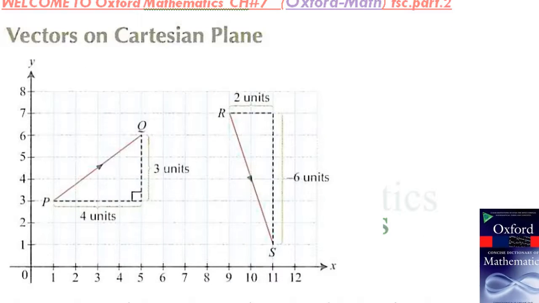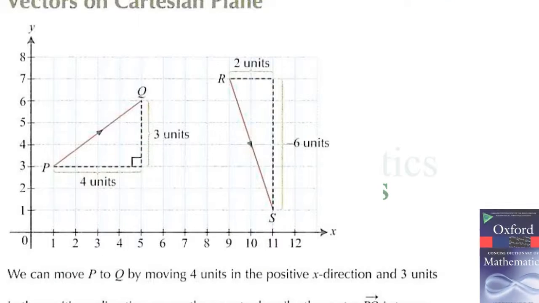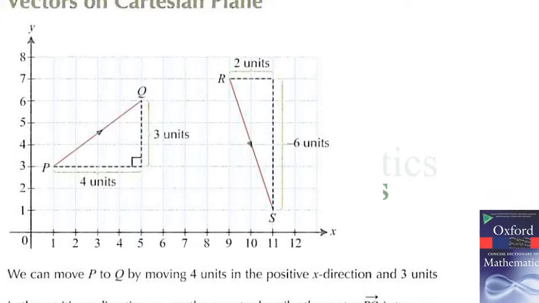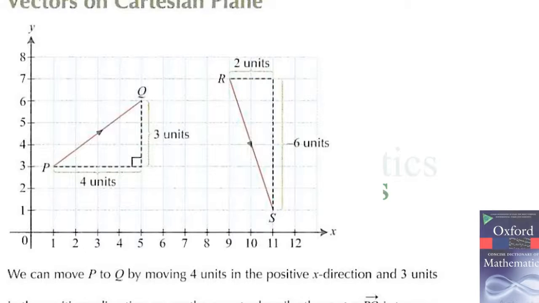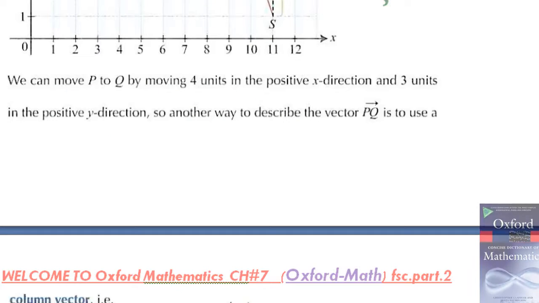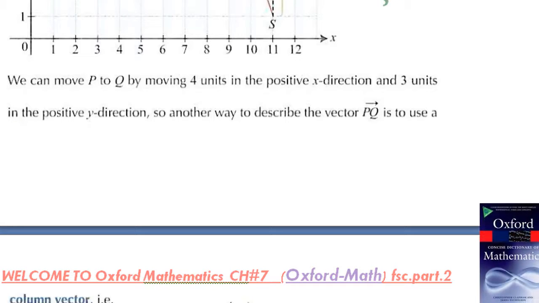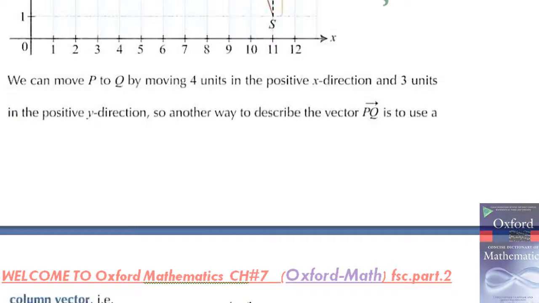We can move from P to Q by moving 4 units in the positive x direction and 3 units in the y direction. So another way to describe the vector PQ is as a column vector (4, 3). Here 4 is the x and 3 is the y.